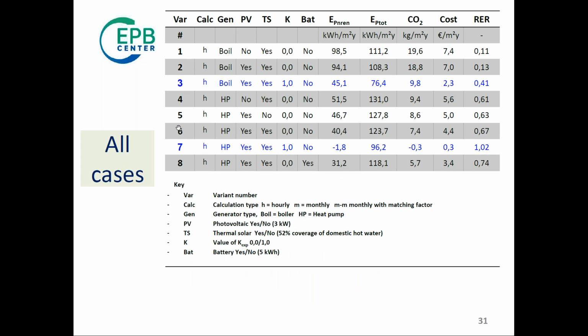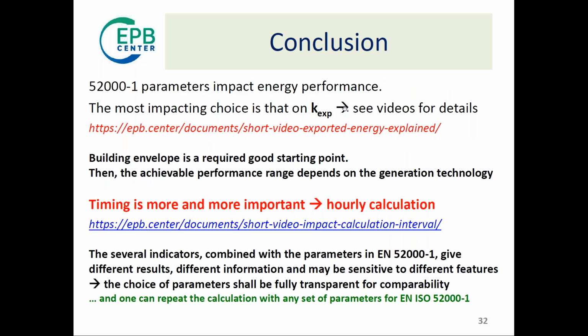In this case, I've removed the case with the monthly calculation. Here in blue, you have the effect when we change K exported to 1, which is the most sensitive parameter in the 52,000. You get here to the negatives that we've seen. So this is just a table that allows you to get a quick comparison.